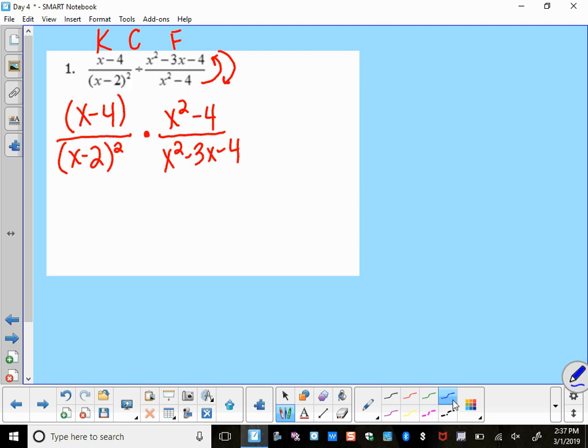Now this looks like what we've been doing. Okay? So now we can work it out. Alright, the first one is x minus 4. That's not changing. Let's just write it as it is. X minus 4.